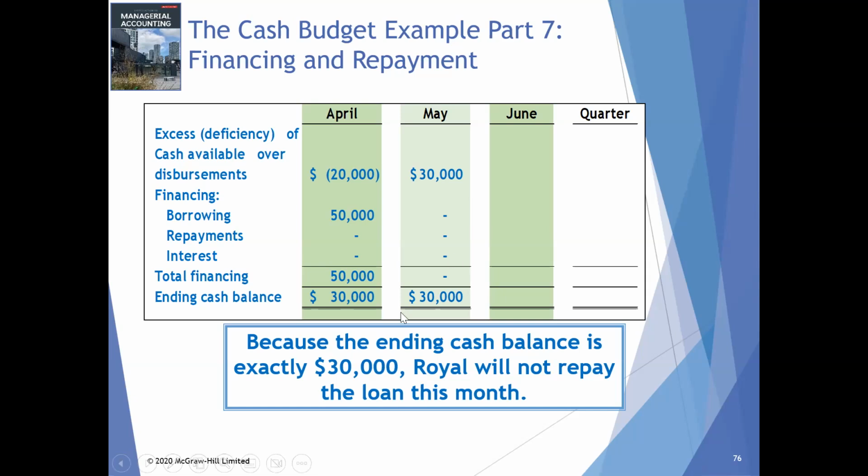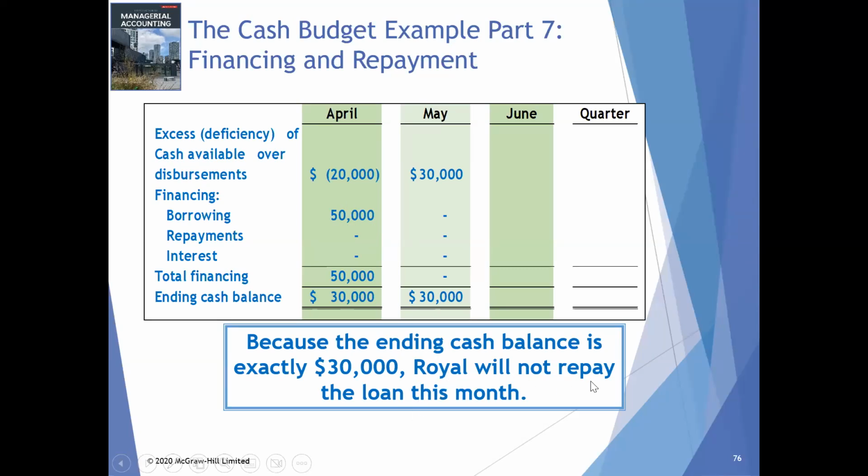The money taken from the bank was 50,000, but the company does not have enough money to repay it. 30,000 was required and 30,000 is here.